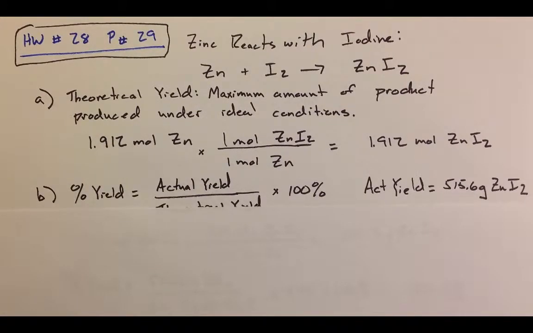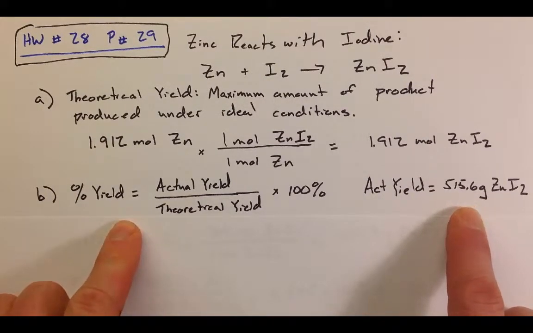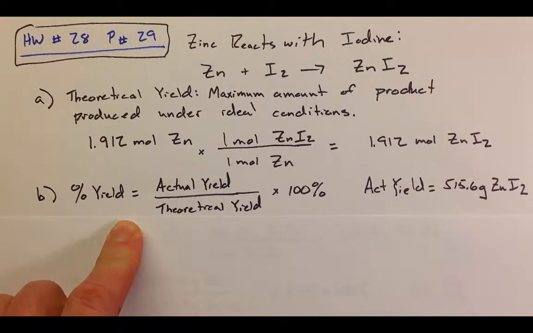But then in Part B, it says the following. If the actual yield is 515.6 grams of zinc iodide, what would the percent yield be? Well, what is a percent yield? As it turns out, the real world is not perfect.